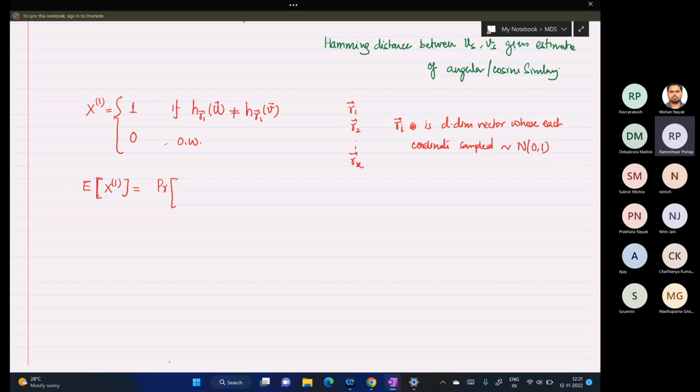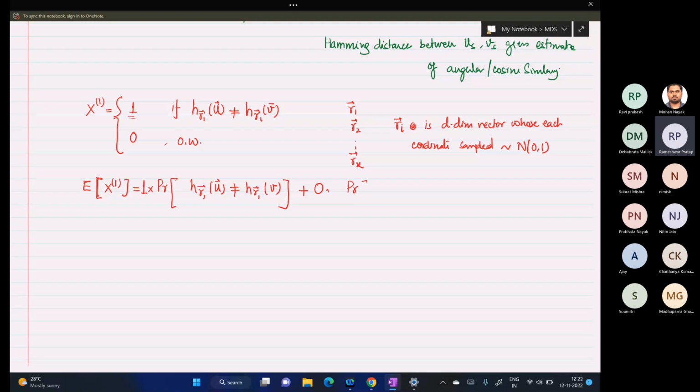So it is the probability that hr1(u) is not equal to hr1(v). If we expand this in the standard expectation notation, it takes two values, 1 and 0, so value 1 into the corresponding probability plus value 0 into the corresponding probability.